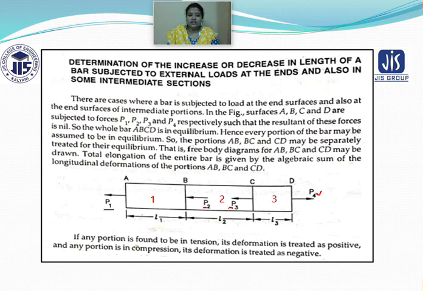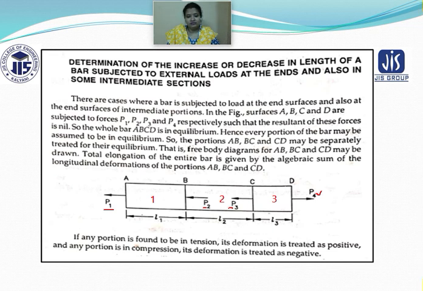And next, finally, what you are seeing is bar 3, that is CD. For the load P4, can you tell me whether it is tensile or compressive? If you consider the bar CD, on the right hand side you can see the load is tensile, determined by P4.